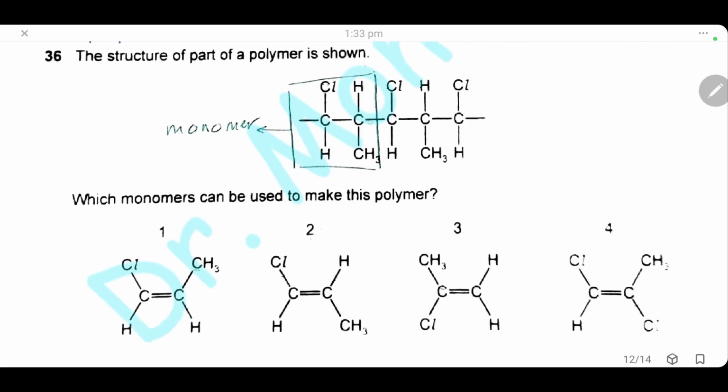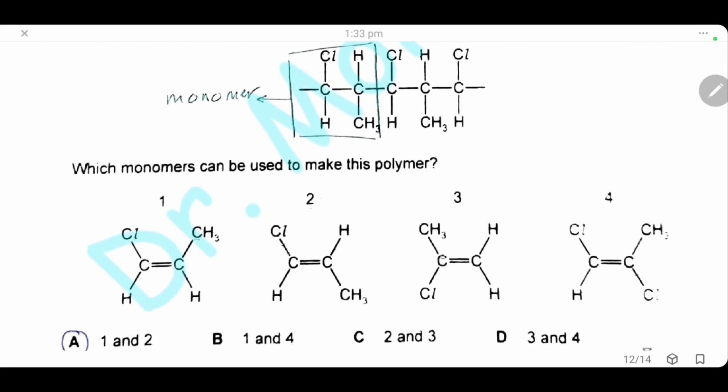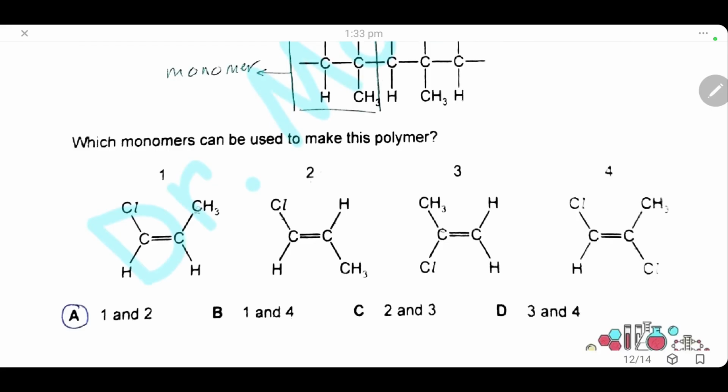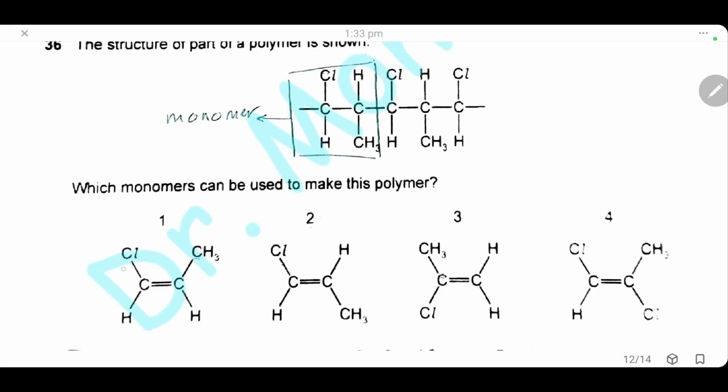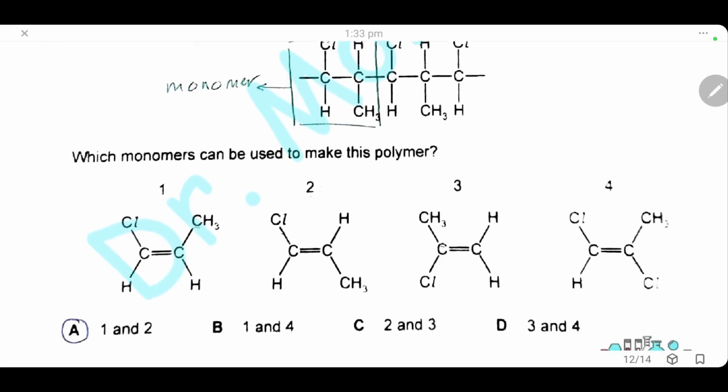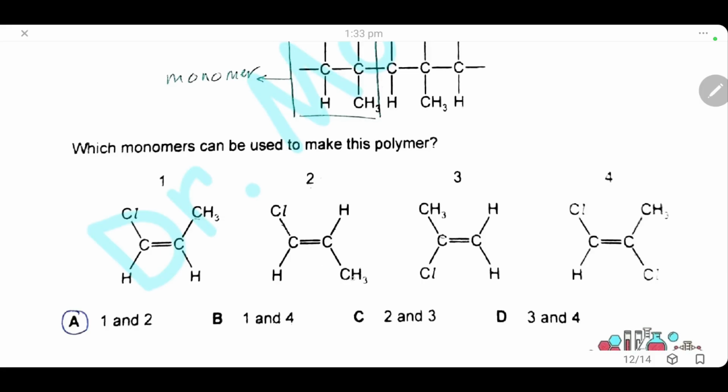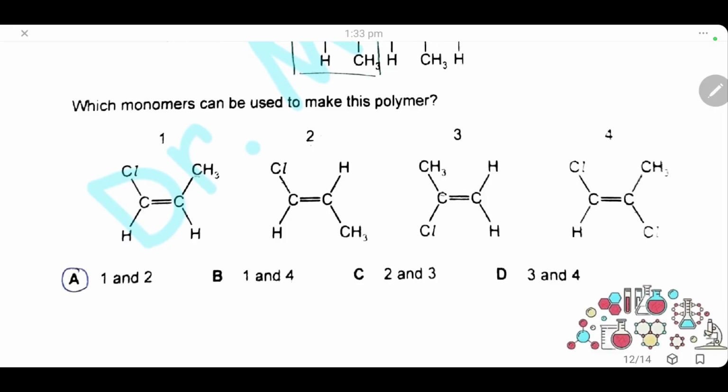So we will remove the continuation bonds and add a double bond between the carbon atoms. The first one can be the monomer because the first carbon contains CH3 and the second carbon contains chlorine. The second one also has one carbon containing CH3 and the other containing chlorine. So the answer could be 1 or 2, and the answer is A.